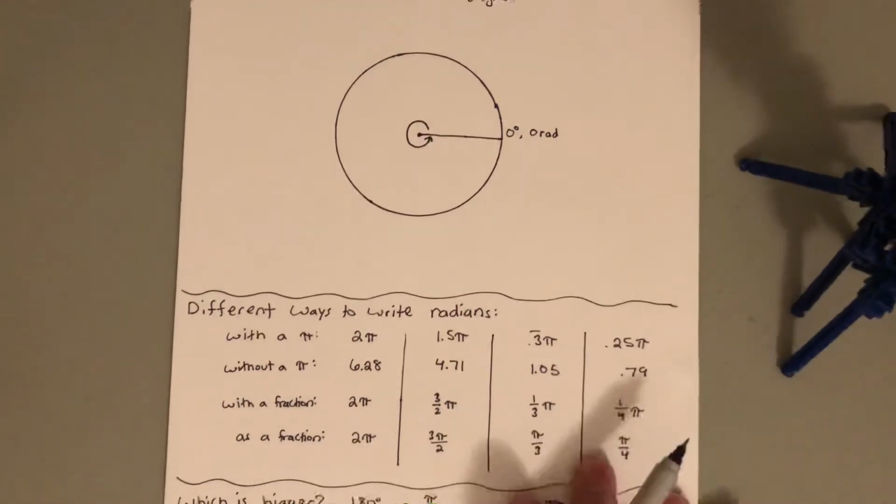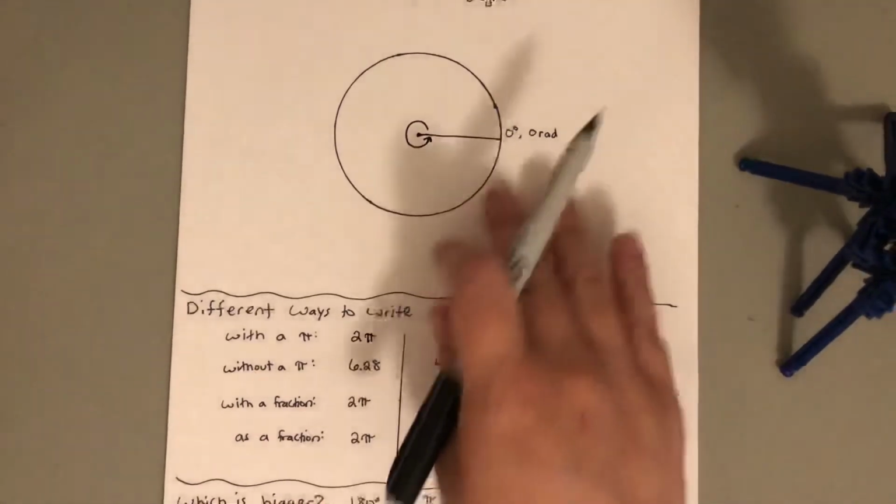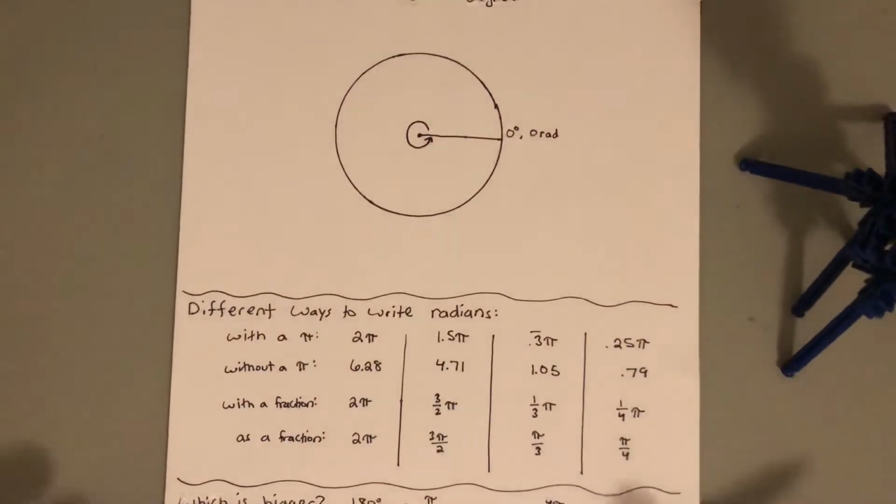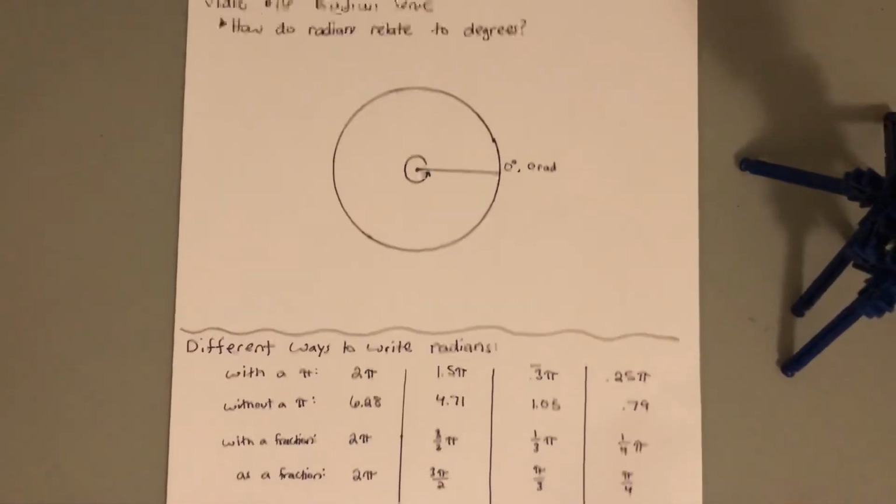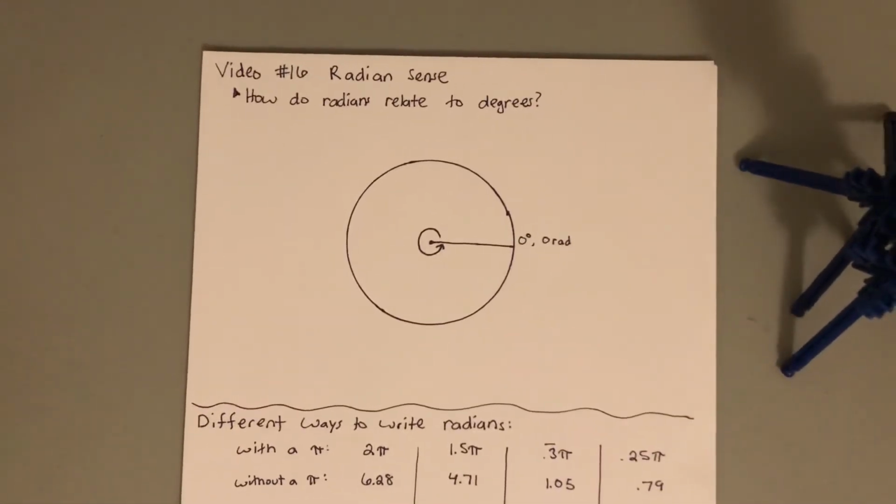So let's take this idea and come up here and write where these different things fall on our circle. In the last video, we discovered relationships between radians and degrees.